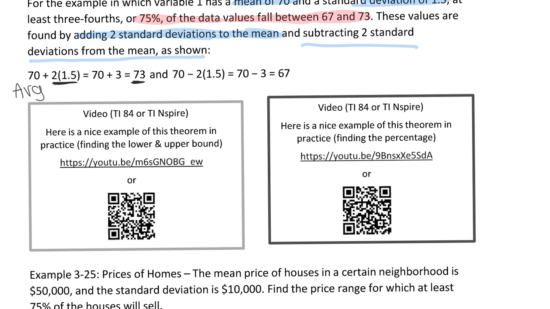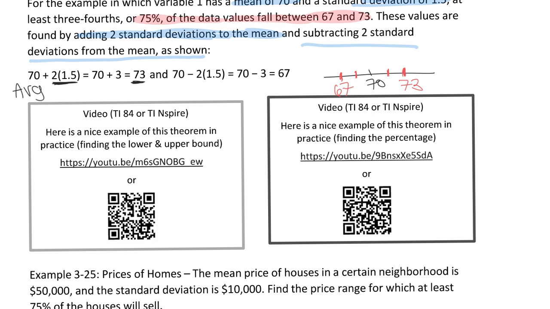If you think of it in a picture format, if I had the average of 70, then 1 standard deviation to the left and 1 standard deviation to the right would be... I'm sorry, hold on, because it's 1.5 away. So 67 and 73 would be 2 standard deviations, which is what this was wanting us to find.